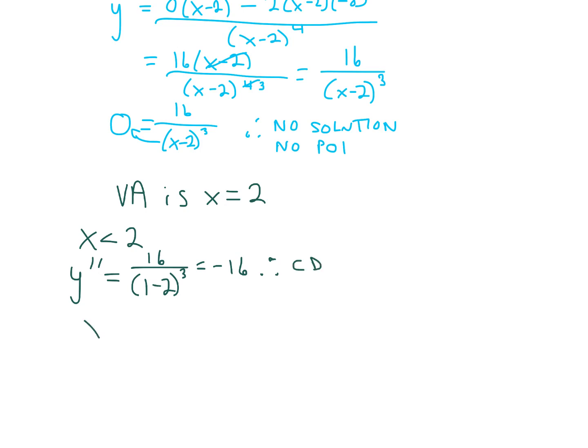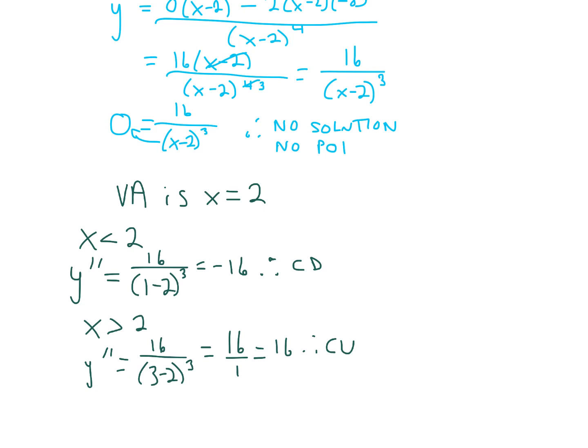Let's try it for values of x greater than 2. So for instance, 3, we have 16 over 3 minus 2 all cubed. And that's 16 over 1, which is just 16. That's a positive value, so therefore our curve is concave up on the right-hand side of our asymptote.